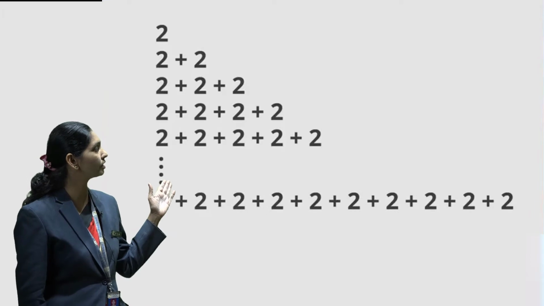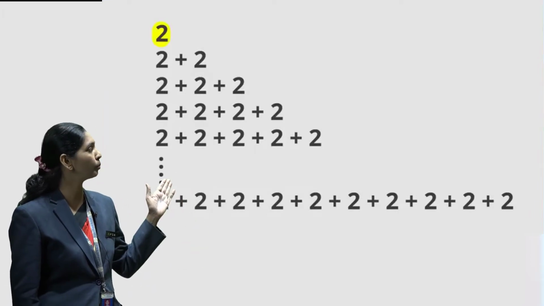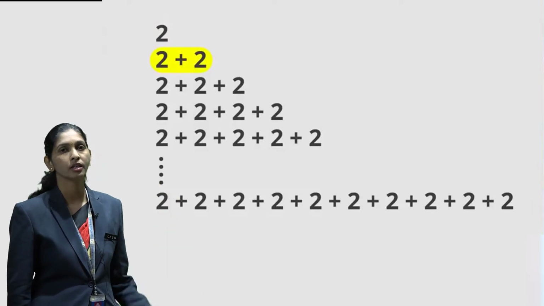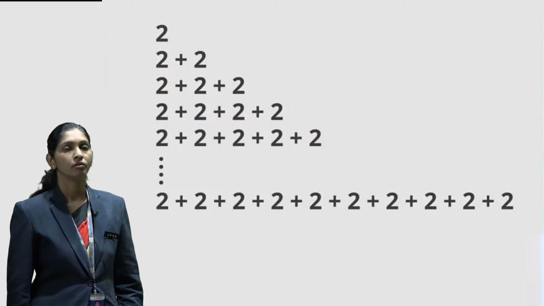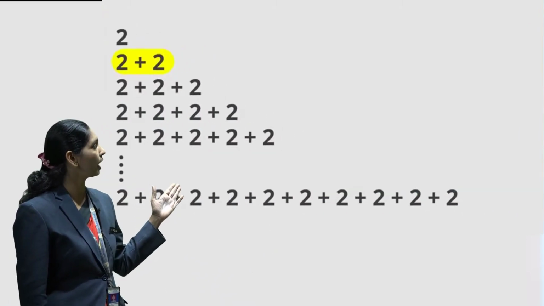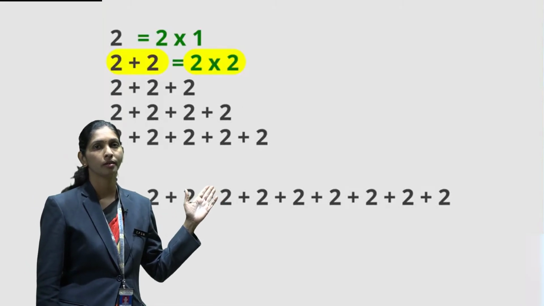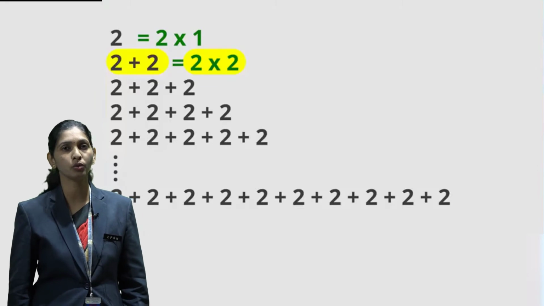So see, there are some numbers. First, the single digit number 2, next 2 plus 2, next 2 plus 2 plus 2, and so on. For this, what can we do? Suppose we have 2 plus 2, that means 2 multiply 2, or 2 into 2.